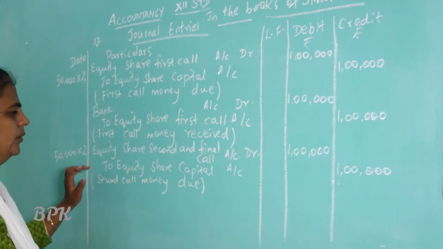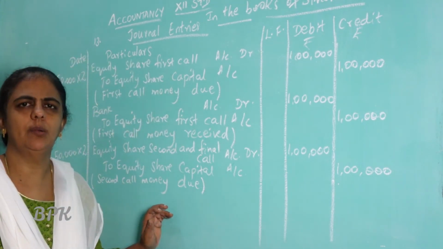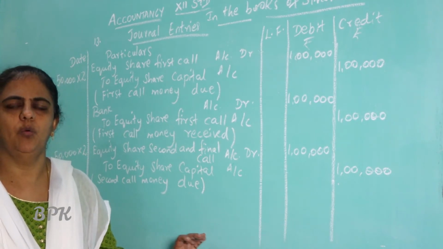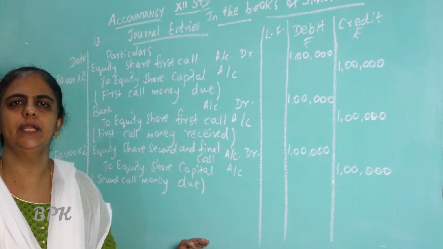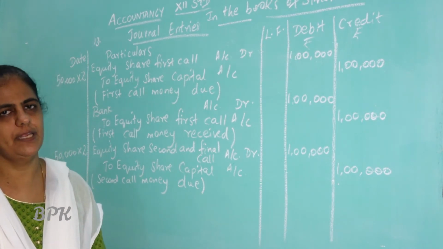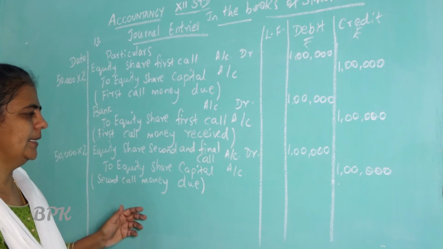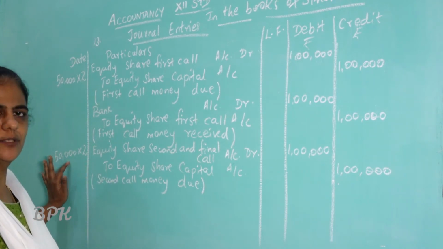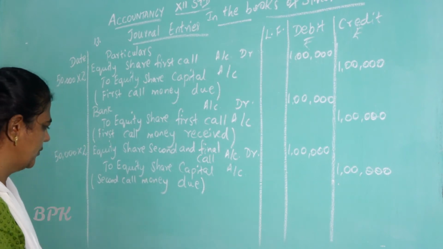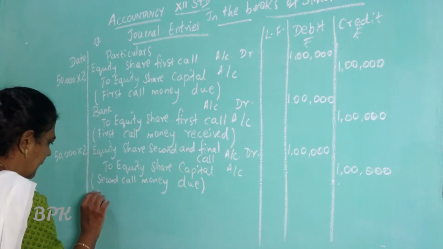Now, what is the next entry? Call money received. Second call money received. But see the question. One shareholder who was holding 2,000 shares failed to pay the second and final call money. So when you are receiving, you will not receive for 50,000 shares, you will receive only for 48,000 shares. So you have to write like this.